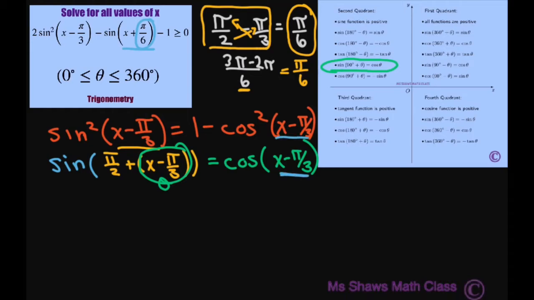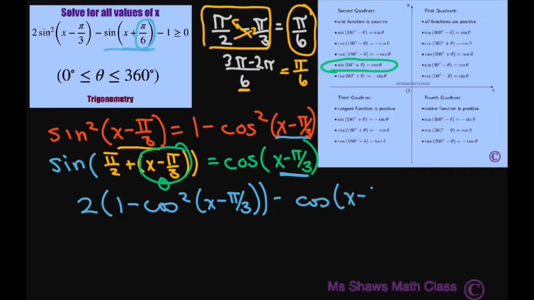So now I can write this as 2 times 1 minus cosine squared of x minus pi divided by 3. Okay, that's the first part. Minus, and then we're rewriting this as cosine of x minus pi divided by 3, minus 1. The only thing we need to do is simplify this.